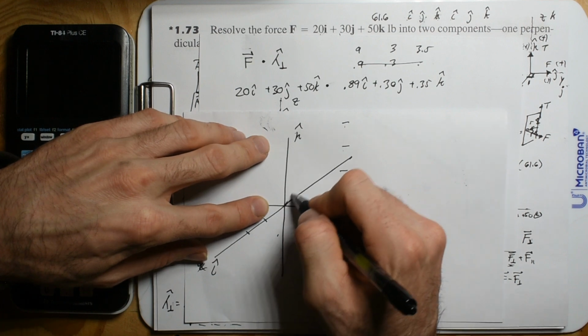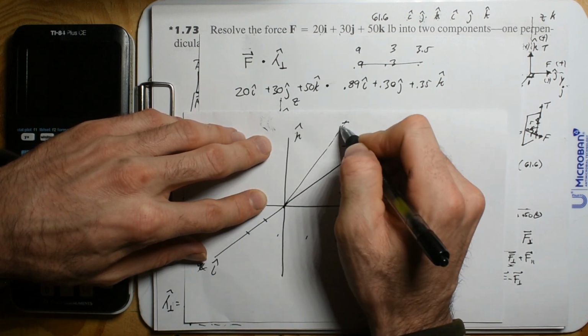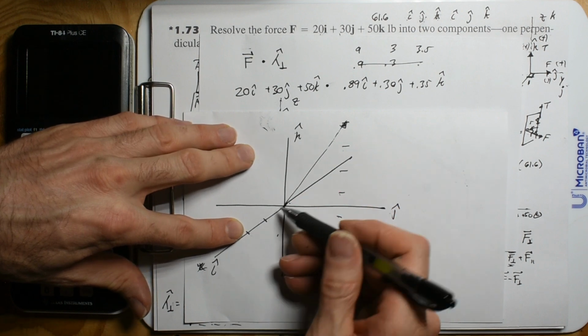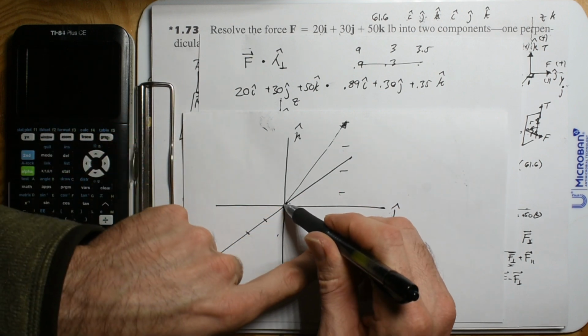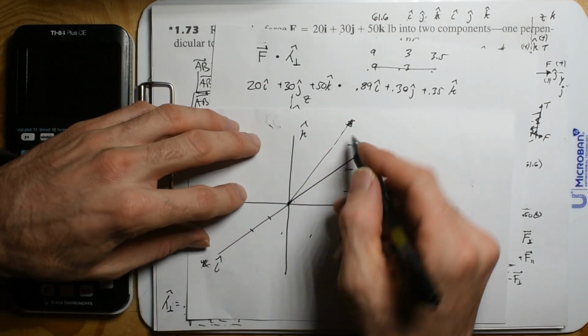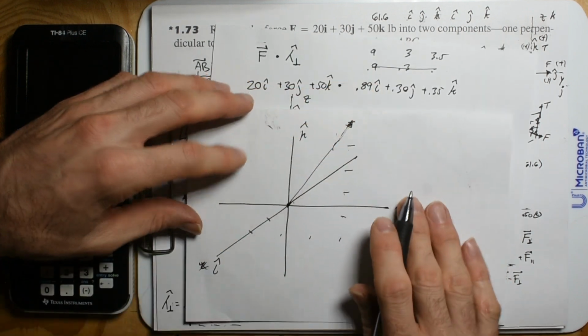So this vector is F, and it's out at you. We're going 2 this way, 3 this way, and then up. So it's out at you. It's in this first quadrant.